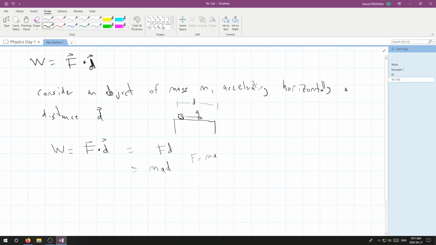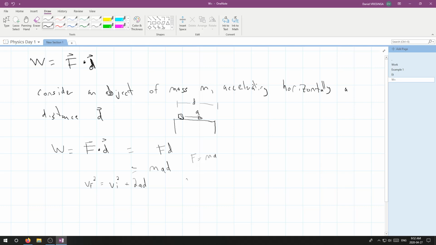I have an equation with AD in it. Maybe you guys remember this, maybe you don't. We didn't use it that often, but this was the equation for VF squared equals VI squared plus 2AD, something like that.